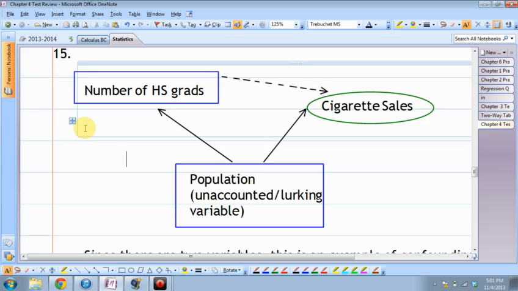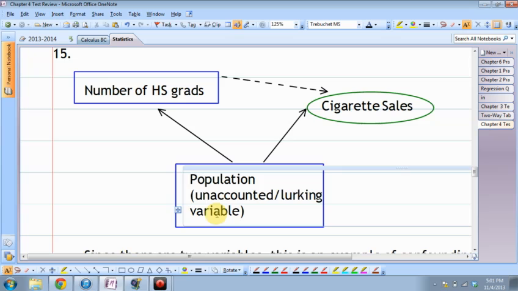So this diagram tells us that we think the number of high school grads affects cigarette sales. That may or may not be true, and in fact it's not completely true, because the population growth is affecting the number of high school graduates.